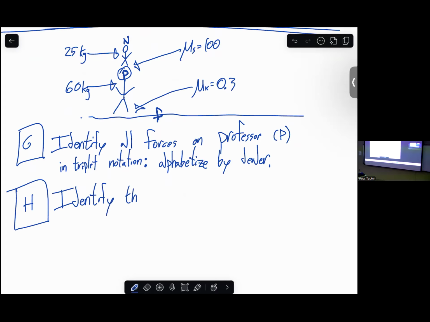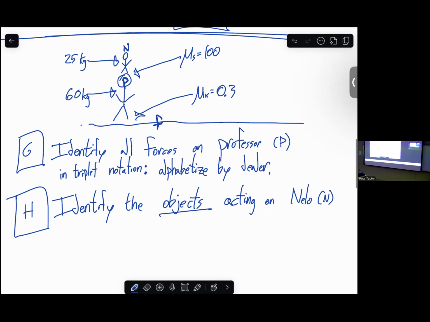Identify the objects acting on NALO. Not words, by the way. You don't need to type out words. Just type the letters. Give me a comma-separated list of letters.